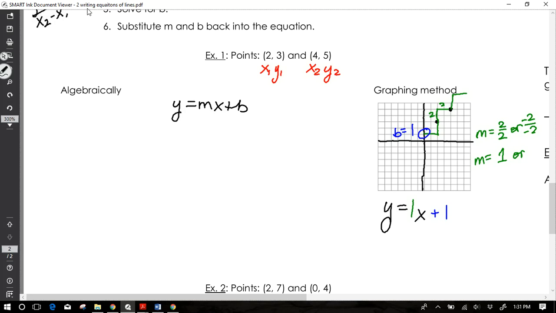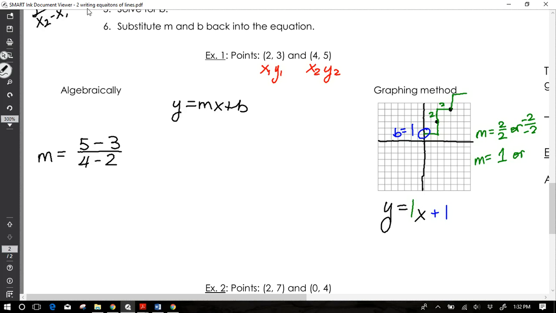Step 3 is to use the slope formula to find m. So what we're going to do is the formula. On top, it is y2, which is 5, minus y1, which is 3, over x2 minus x1.